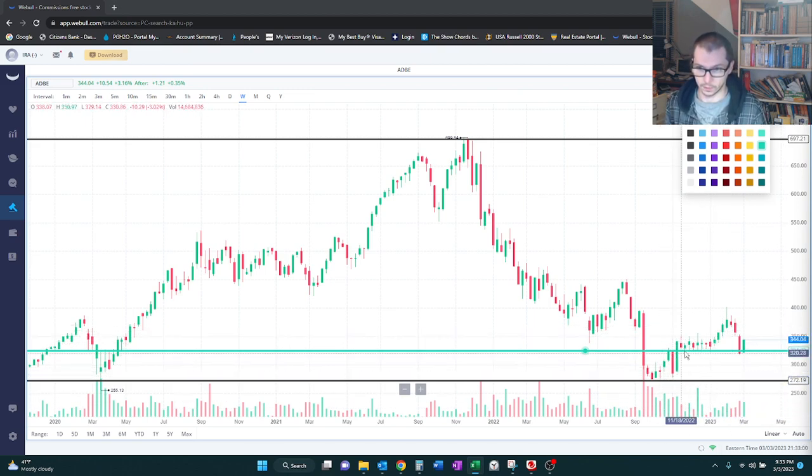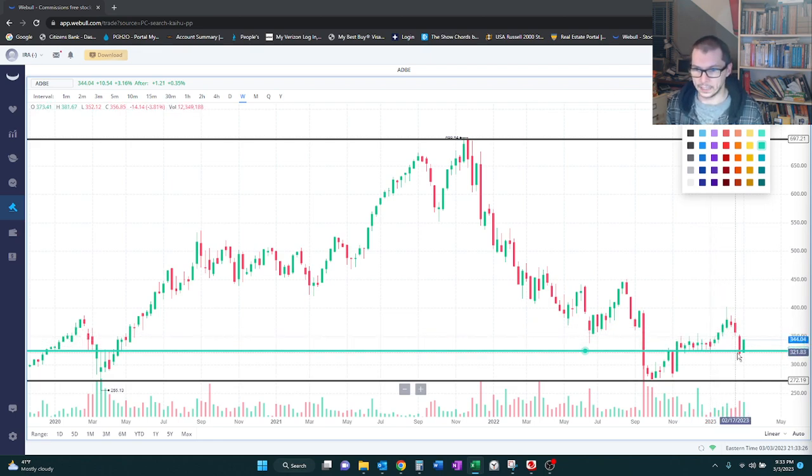But there does seem to be a more recent support line there. Of course, it did drop below that line back in September of 22. It took a little bit of time to get above that, but once it got above that in November of 22, it just danced around that line for a little over a month, and then it started going up.